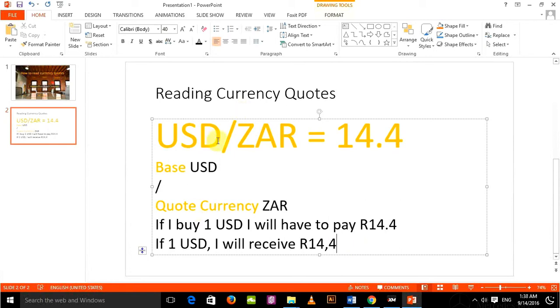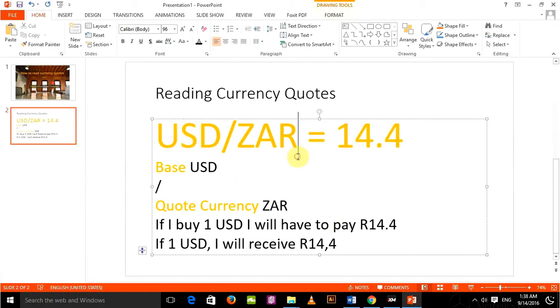So when I'm selling $1 US, I am selling it, I am giving it away, similar to any transaction whereby you go to a store, you pick up an item and you buy that item. You give away the money that you have in hand and you take the item.